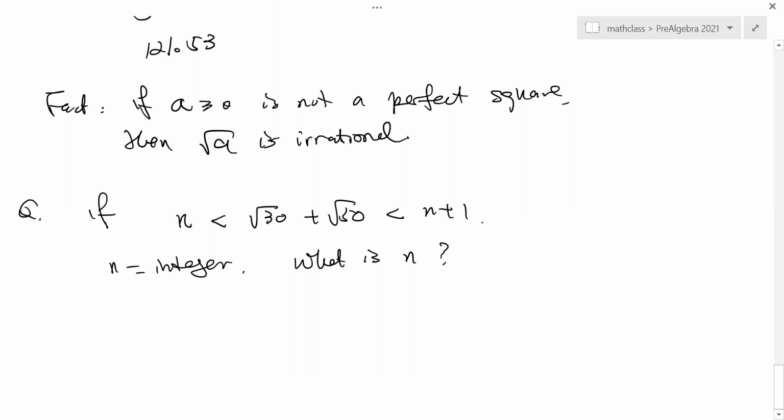Square root 30 and square root 50, both are irrational numbers, and we want to estimate.